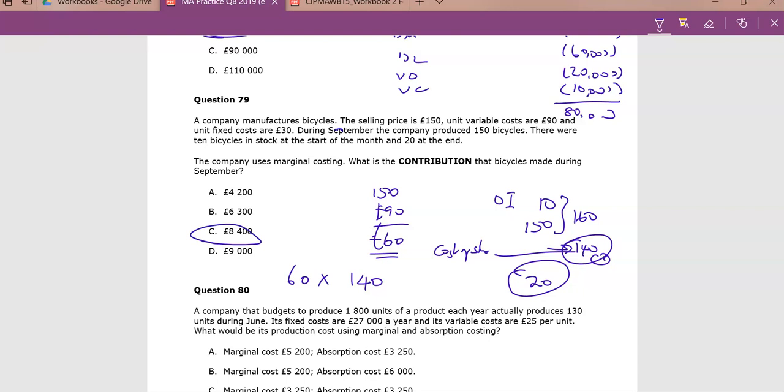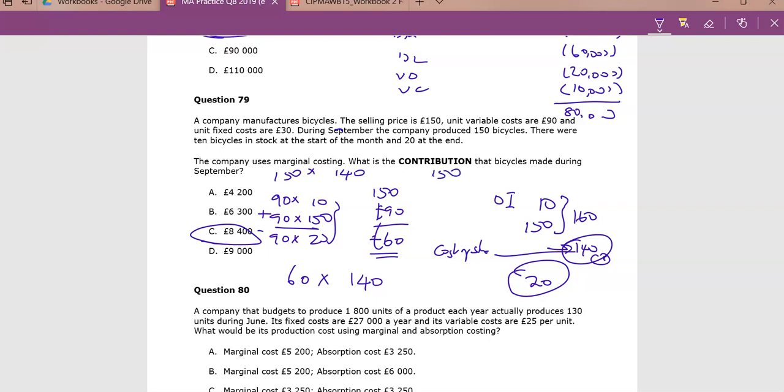You could have gone through the route you would in accounting: selling price 150 times 140, because that's actually what happened, and then 90 times 10 opening inventory plus 90 times 150 production cost minus 90 times 20 closing inventory, which is basically 90 times 140.